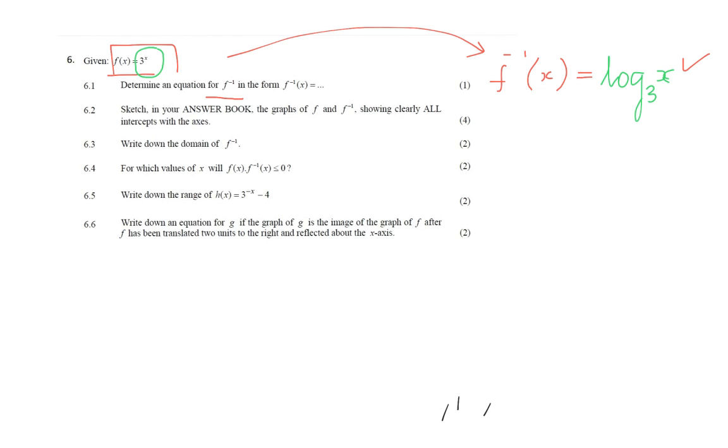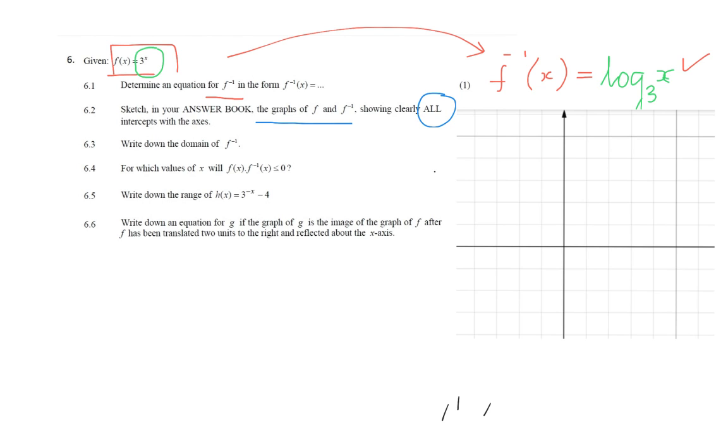Question 6.2 asks us to sketch the graphs of f and f to minus 1 on the same set of axes, showing clearly all the intercepts. So in order to sketch the two functions, let's start with the basic exponential function 3 to the x.